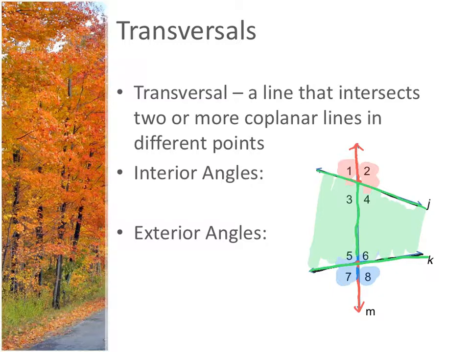All of this is between those lines, so I'm going to call that the interior. So angle 3, angle 4, angle 5, and angle 6 are all called interior angles, because they are on the inside of those two green lines. Not the transversal. I'm not looking at the transversal. I'm looking at the other two lines. They kind of create walls to this city, if you will, this castle, whatever you want. They hold things inside of there.